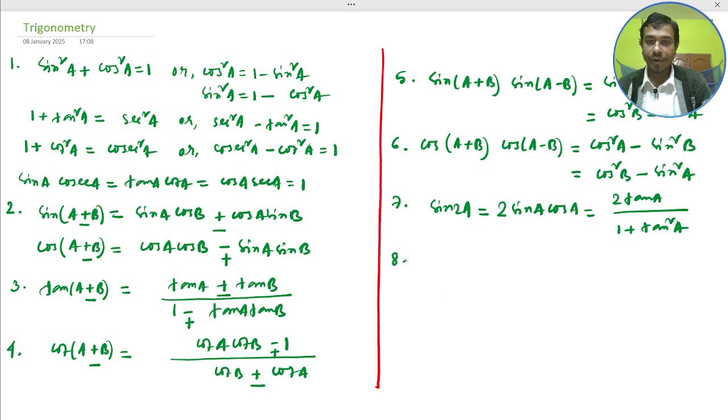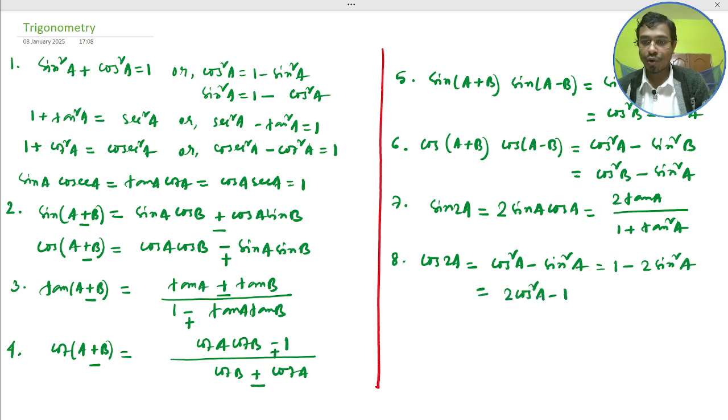Next, cos 2a is equal to cos square a minus sin square a, which is equal to 1 minus 2 sin square a, which is equal to 2 cos square a minus 1, which is equal to 1 minus tan square a divided by 1 plus tan square a.